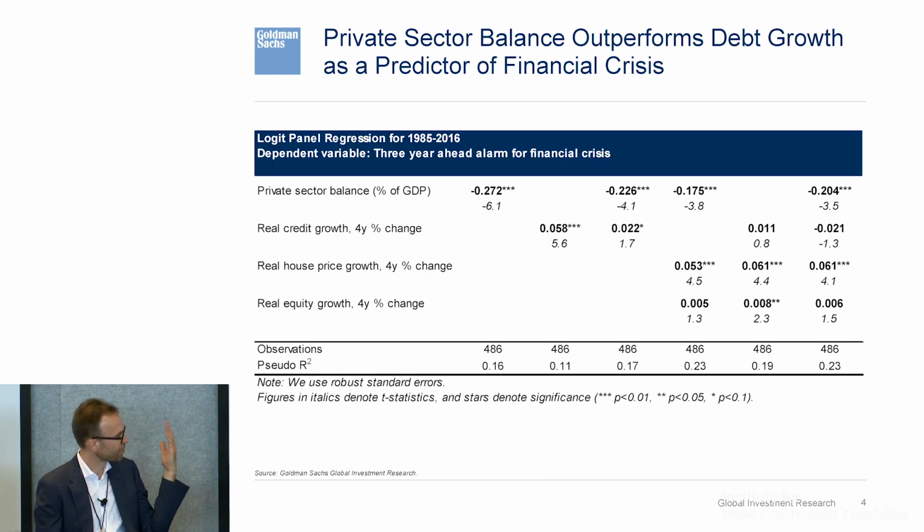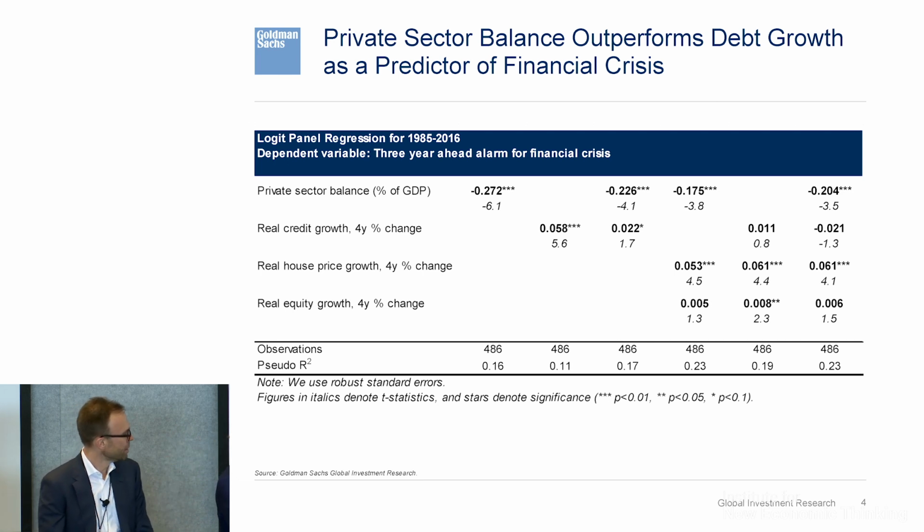And we've done some simple logit regression analysis as well, looking at the probability of a crisis in the following 3 years as a function of the initial observation on the private sector balance, on real credit growth, and then a couple of asset price variables.